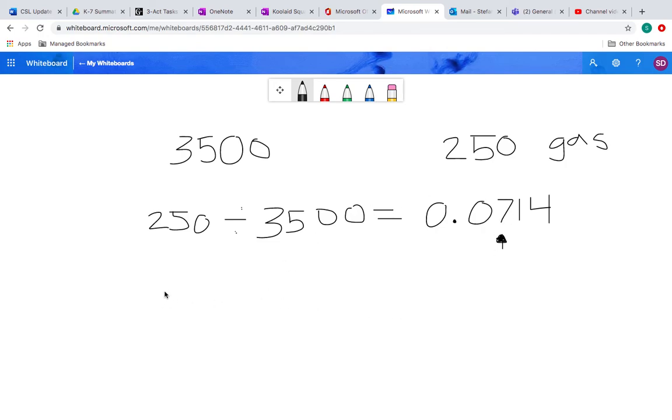So we're going to take that number, 0.07, and times it by 100, and that will give you your percent. So that would give us 7%.